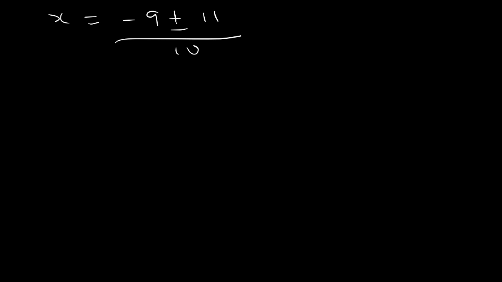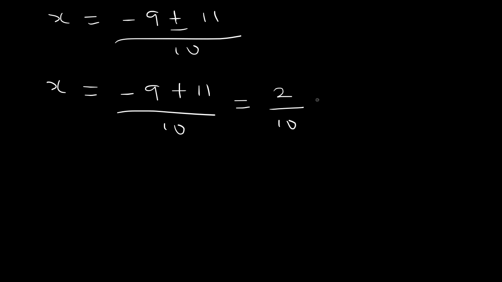So here we have positive and negative sign. So we'll take the first case. The first case is going to be positive, and if we do that, we'll have x is equal to minus 9 plus 11. We are omitting the negative sign in the first case, so divided by 10, and that will give us minus 9 plus 11 is equal to 2. It's the same thing as saying 11 minus 9. So divided by 10, and this will give us 1 over 5.